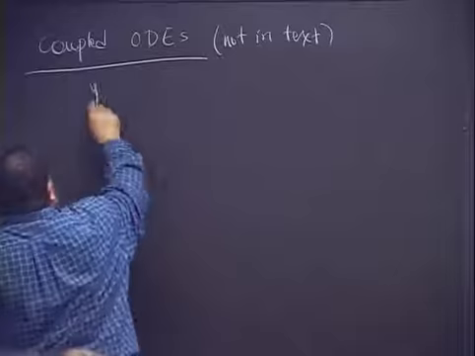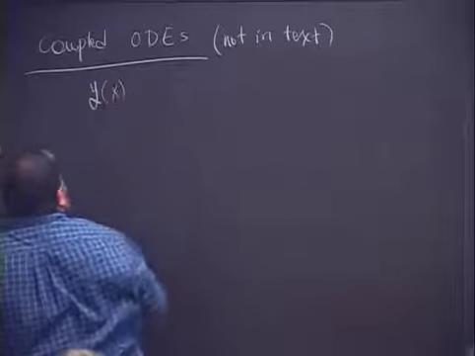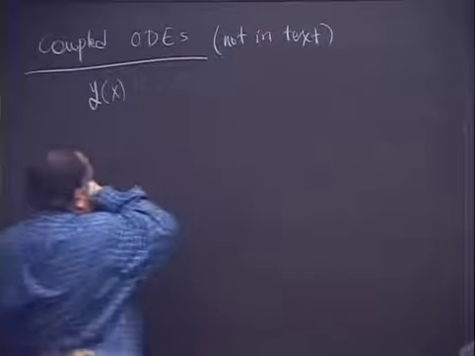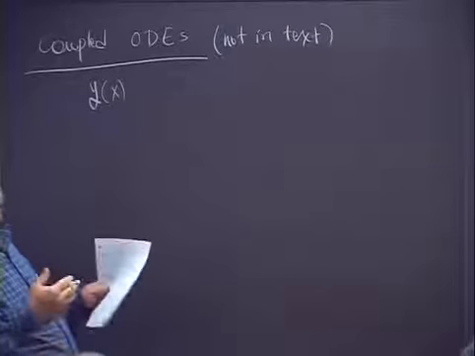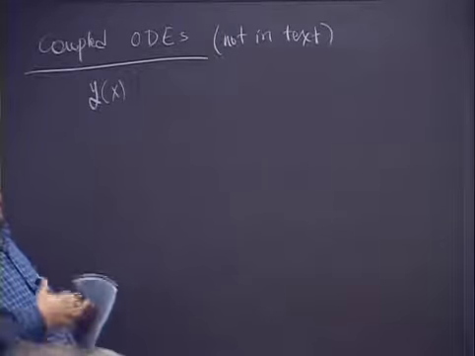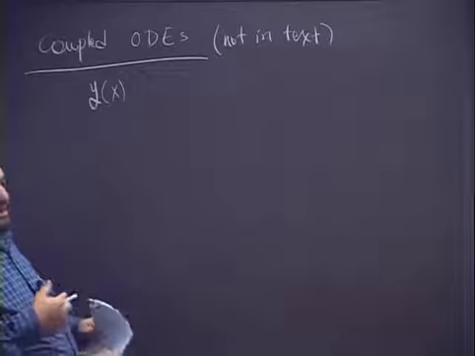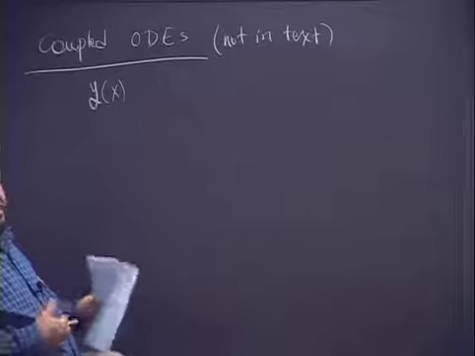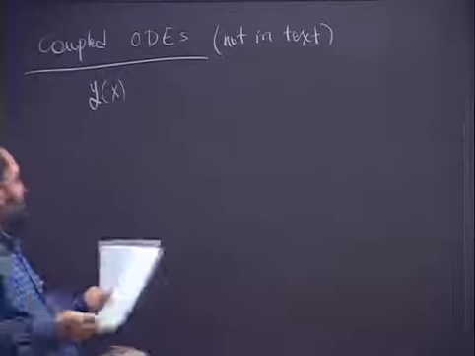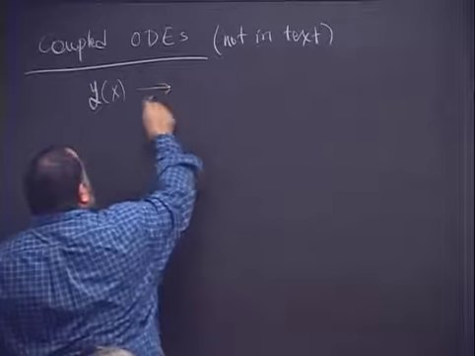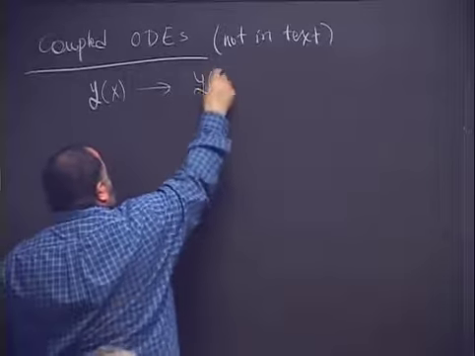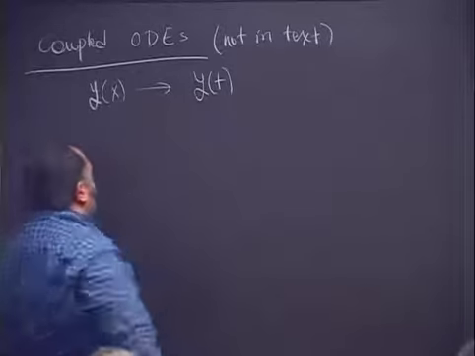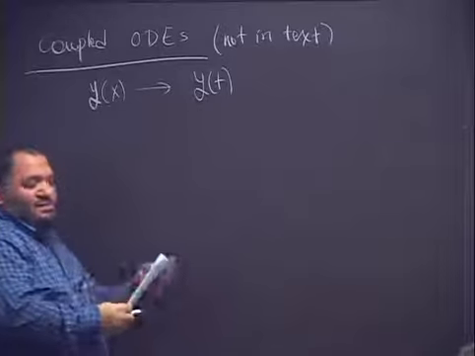Usually, we used to have y of x, but for solving a system of linear differential equations of first order, we usually encounter time variation, stuff like dy by dt. So from now on in this lecture, we'll consider y of x as y of t, and instead of just the independent variable x, it will be time, for example.